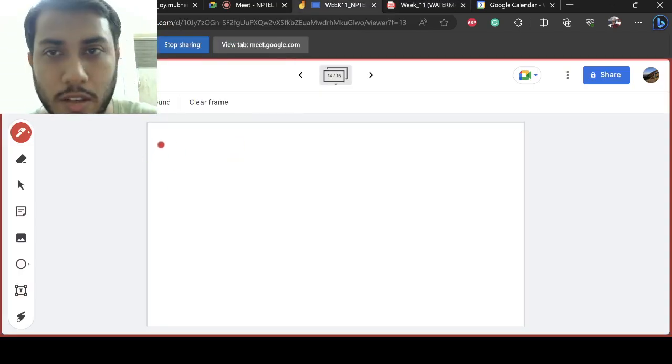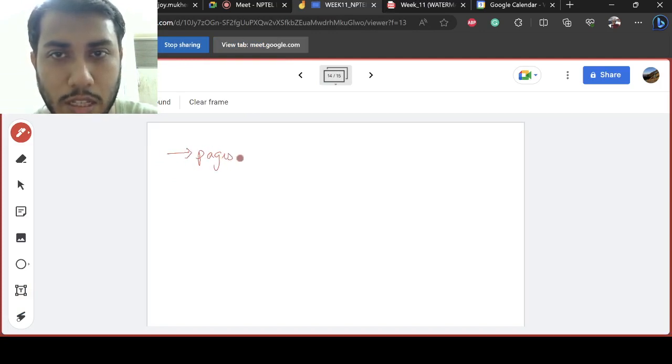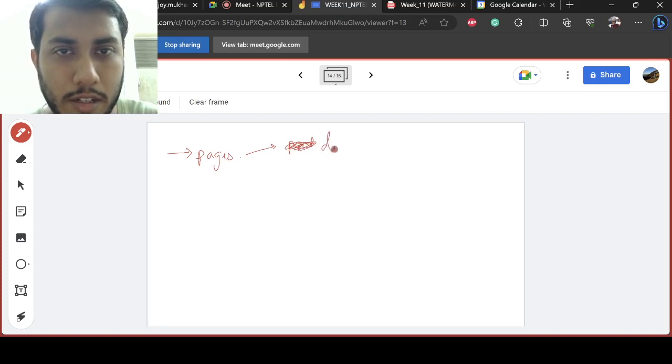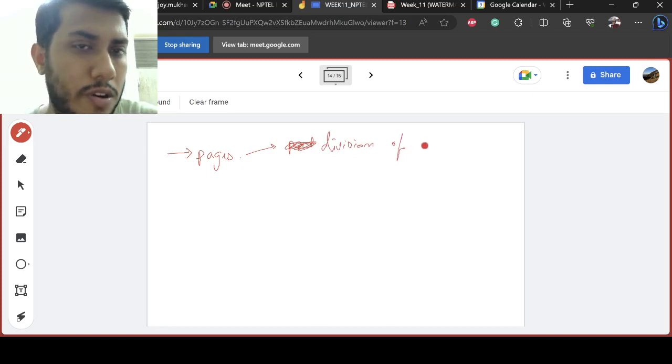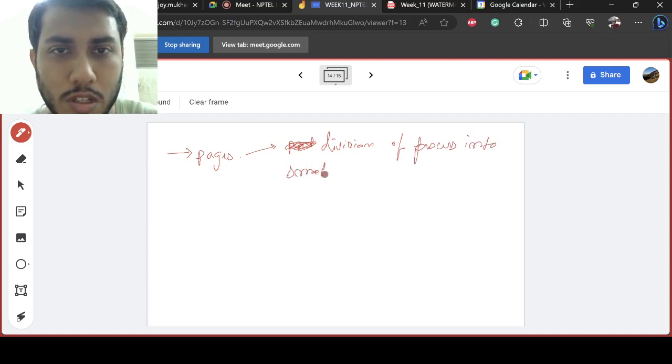Previous week we came across the concept of pages, that is basically a division of a process into smaller parts, into equal smaller parts, right?